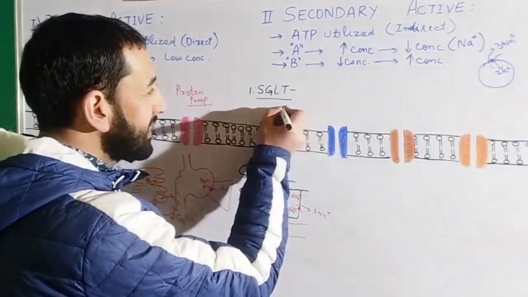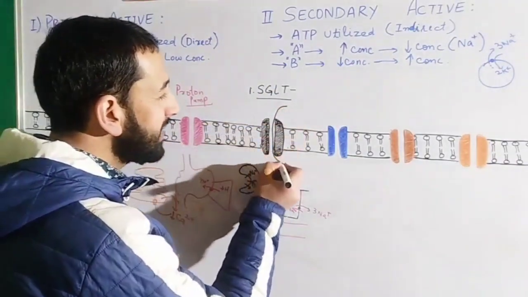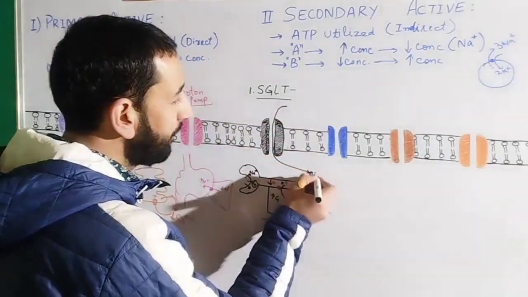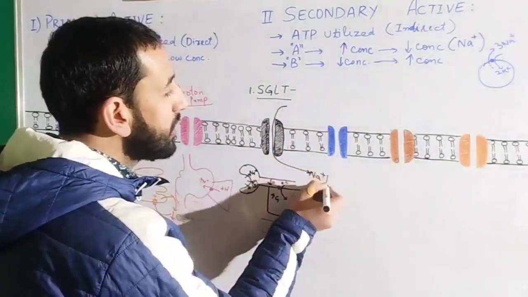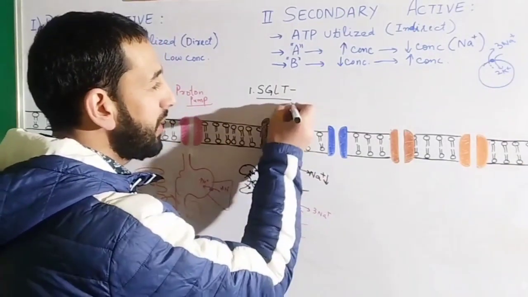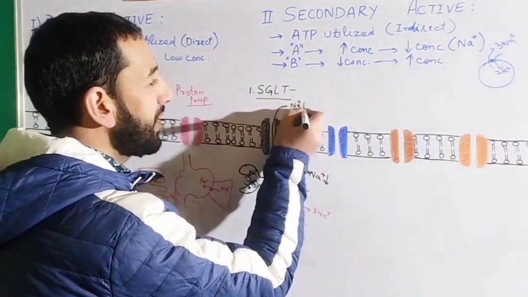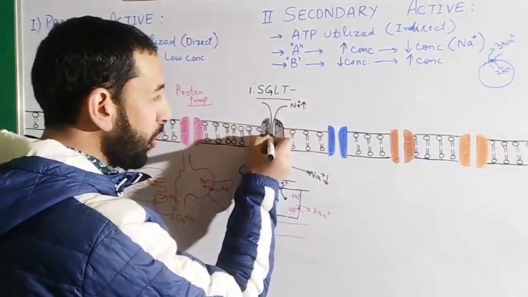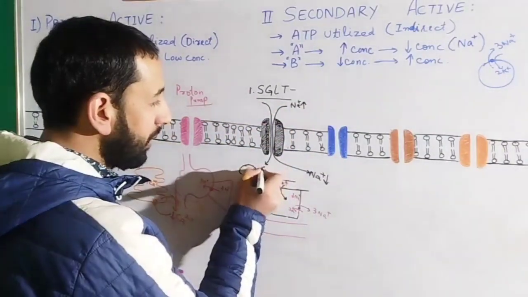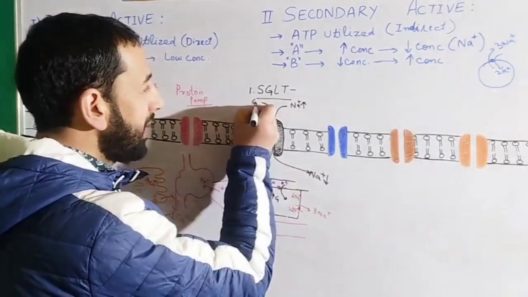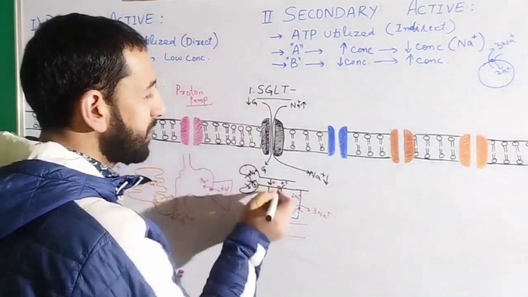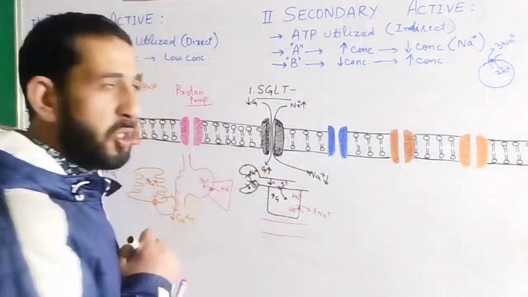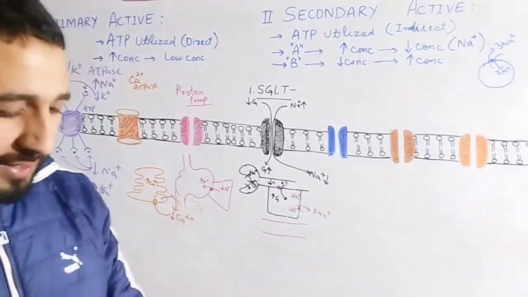What it does is it sends the sodium inside the cell, and definitely sodium is being transported from high concentration to low concentration, and it also transports glucose into the cell. But remember that this glucose is being transported from low concentration to high concentration. Right, that is the first example.